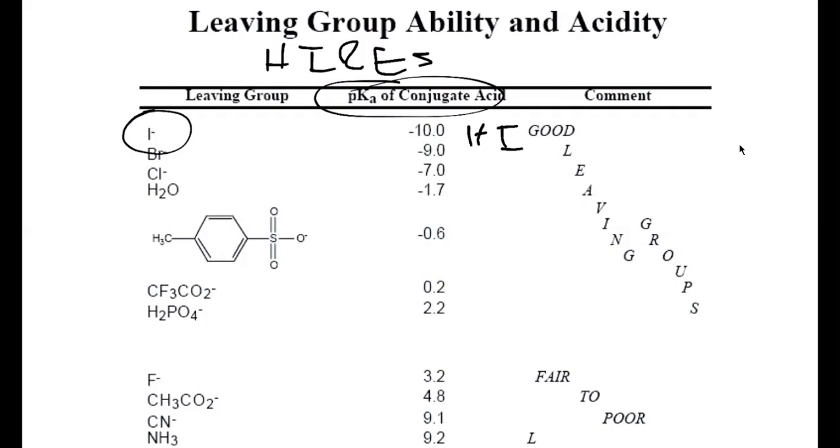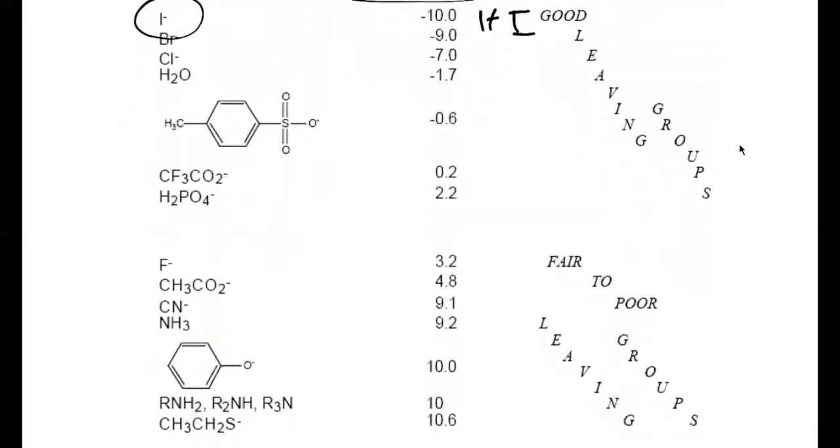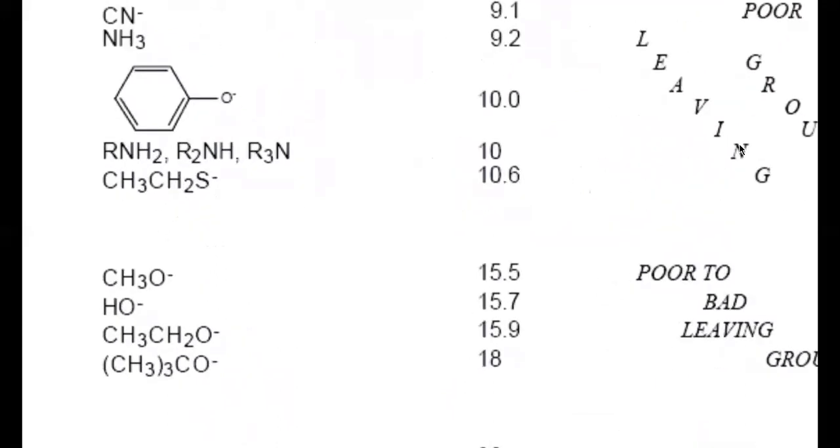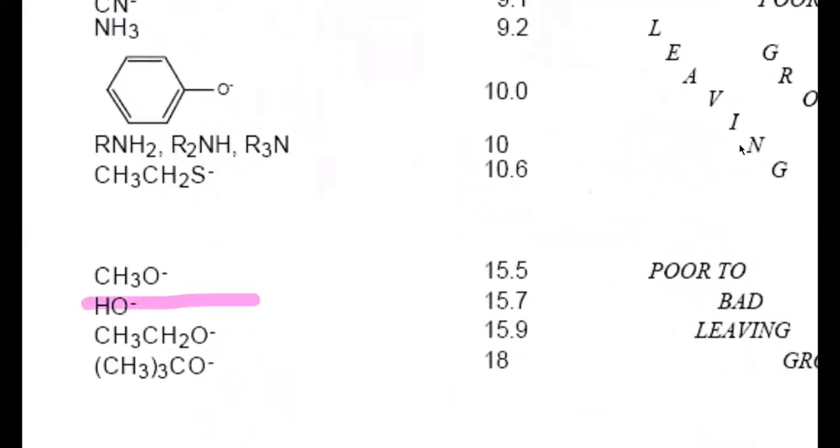So you can treat it like a conjugate base, and if you know the pKa of its conjugate acid, then that will tell you whether or not that leaving group is good or bad. So we go down here to hydroxyl. Notice it's all the way down at the bottom. And the hydroxyl group as a leaving group, the conjugate acid of that is water.